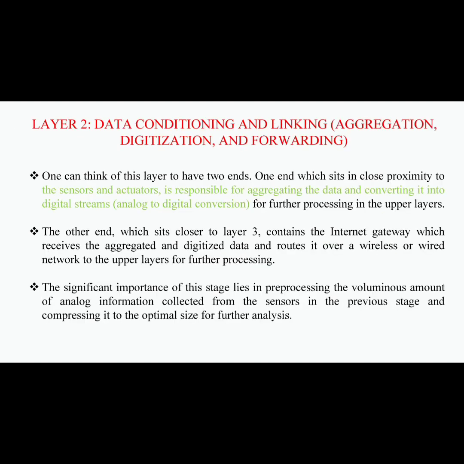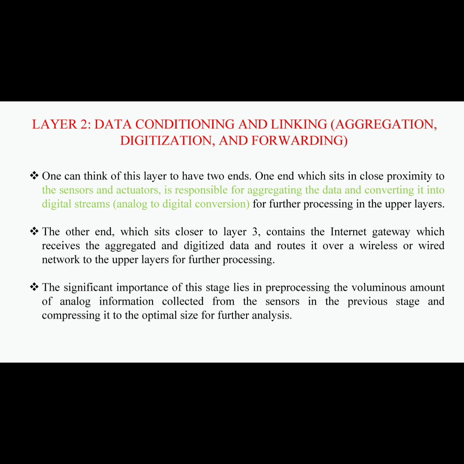The second layer is data conditioning and linking. One can think of this layer as having two ends. One end sits in close proximity to the sensors and actuators, and is responsible for aggregating the data and converting it into a digital form for further processing in the upper layer.